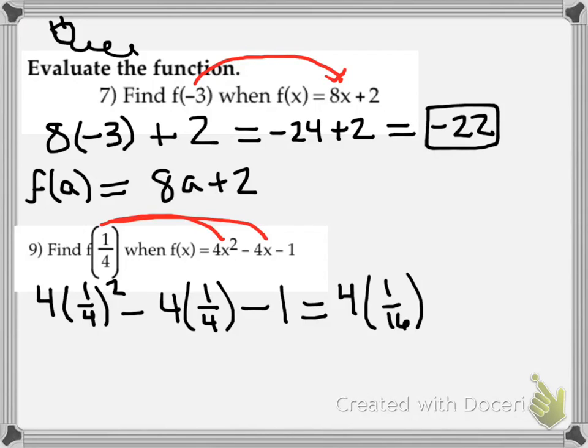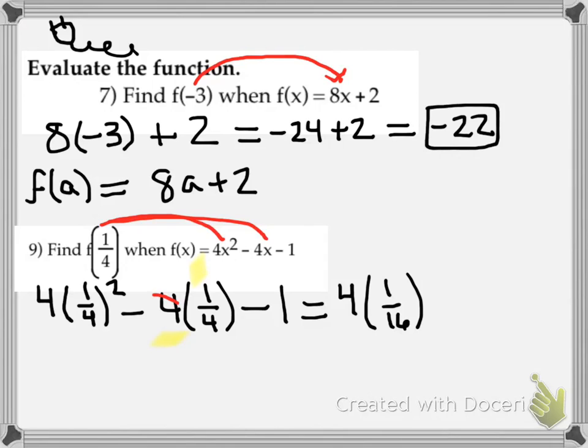Well, 4 times 1/4. Let's think about it. If you think about it in terms of money, a quarter is exactly 1/4 of a dollar, right? Well, if I have 4 quarters, how much do I have? Well, that leaves me with $1.